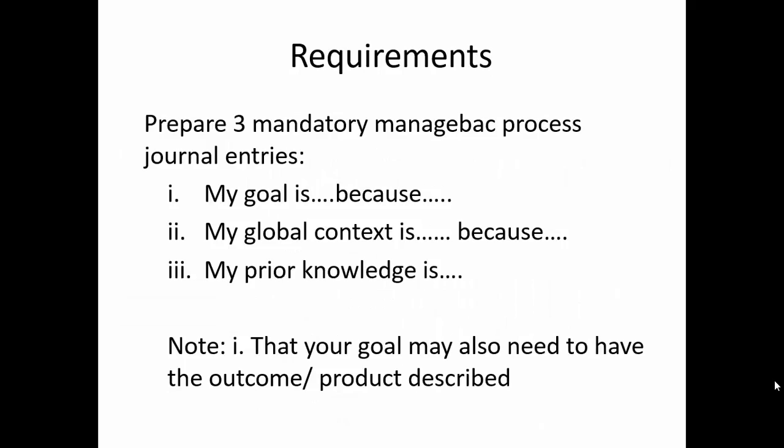So, final note. I need to know your 3 process journal entries. One is my goal is and because, so the reason why you selected that goal, your personal interest. Number 2 is the global context, why it was chosen. And number 3, I need you to know about any prior knowledge and experience which will help support your personal project.